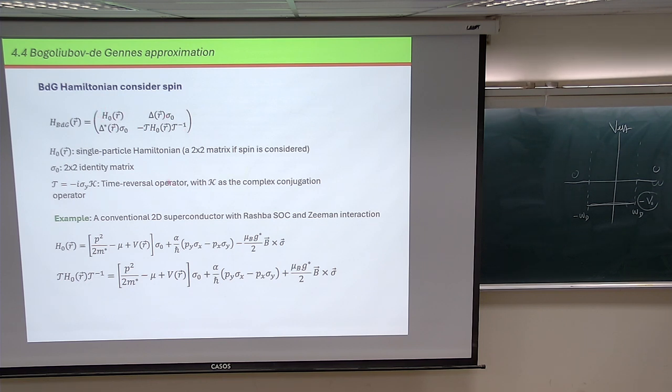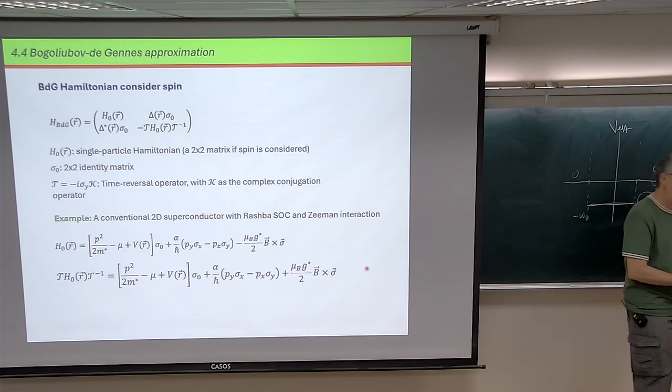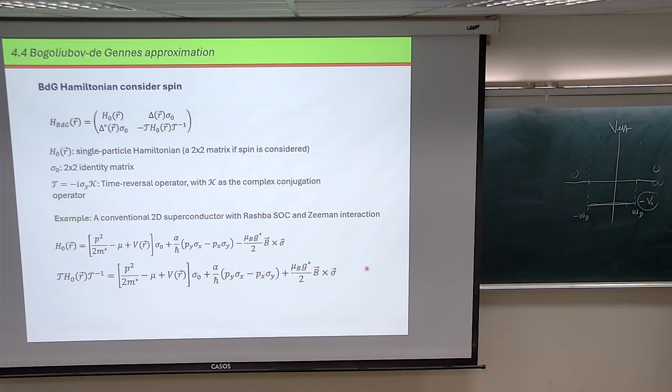What is this other block? Well, I just have to act with my time reversal operators on it and get what is written here. In principle, I know what I should get even without doing the calculation, because you see what time reversal does. It just changes P to minus P, flips the spin, and changes K, okay, so I don't have K here.